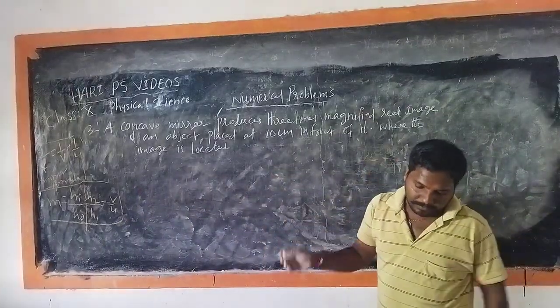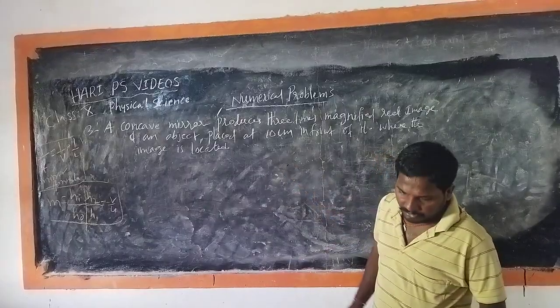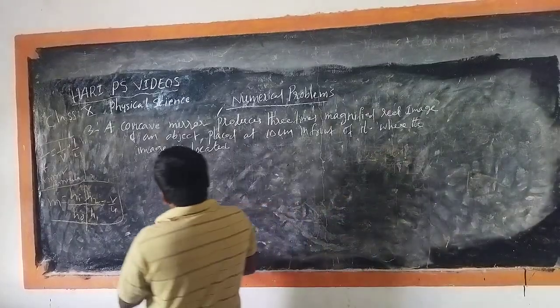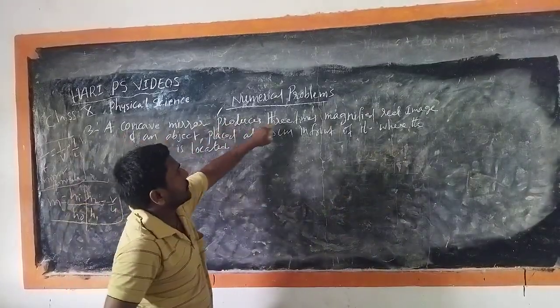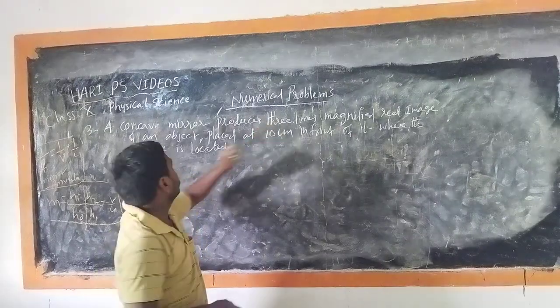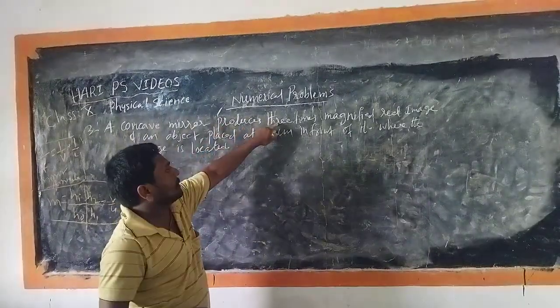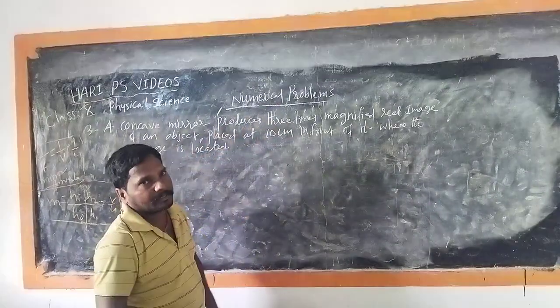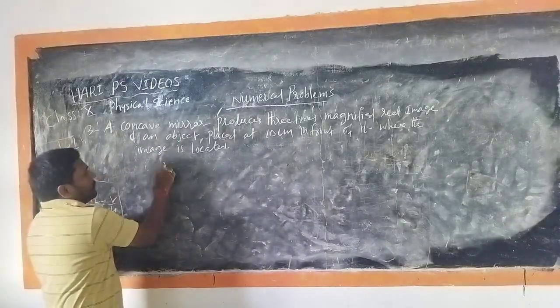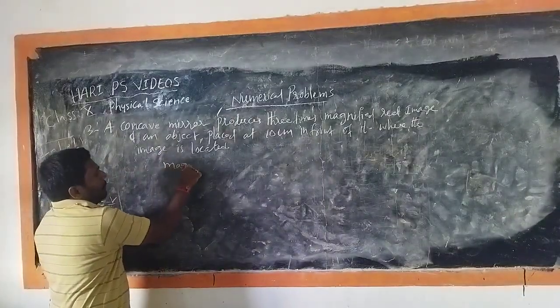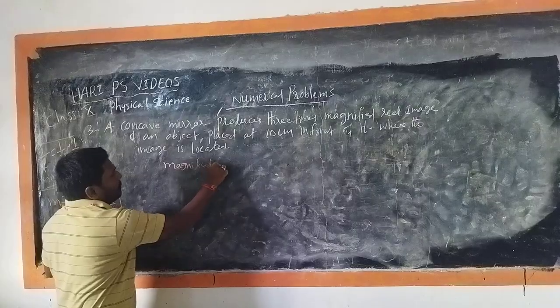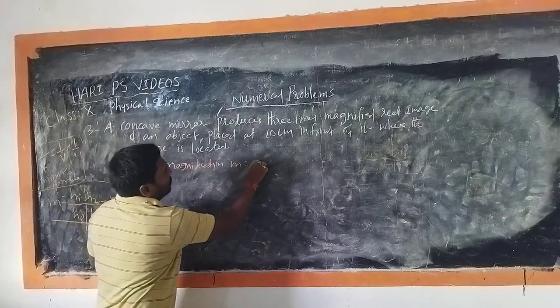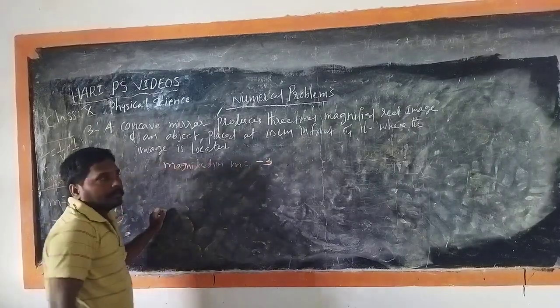See, magnification is given in this problem. A concave mirror produces a 3 times magnified real image. So magnification m is equal to minus 3.